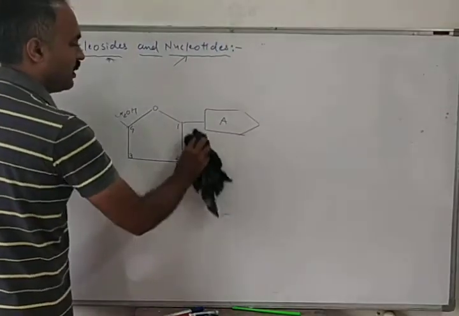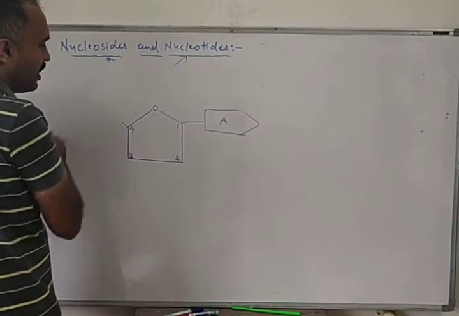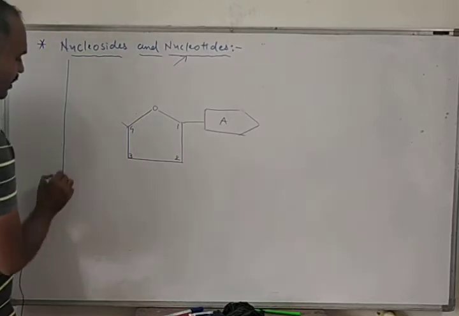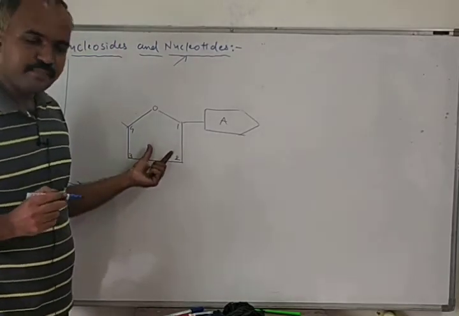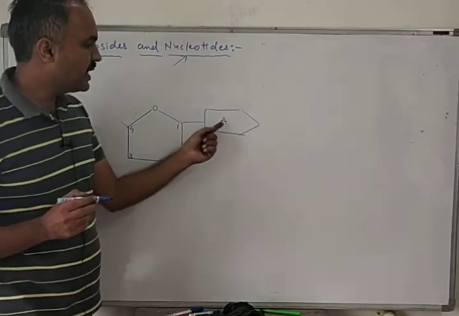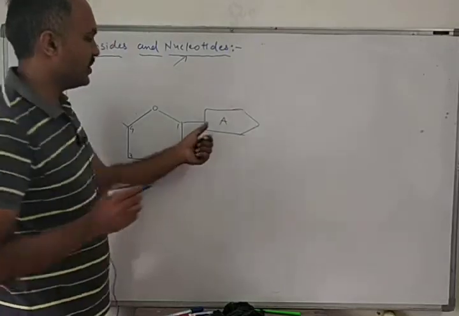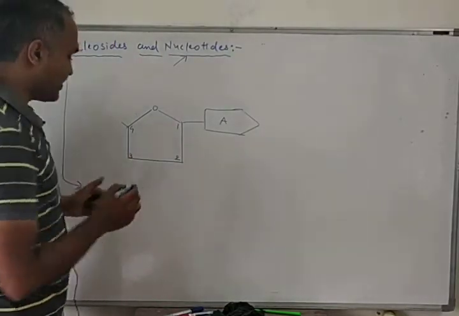Now I will initially give you examples of nucleoside first. Say for example, a pentose sugar is there, and here adenine is attached. Then that nucleoside is known as adenosine.